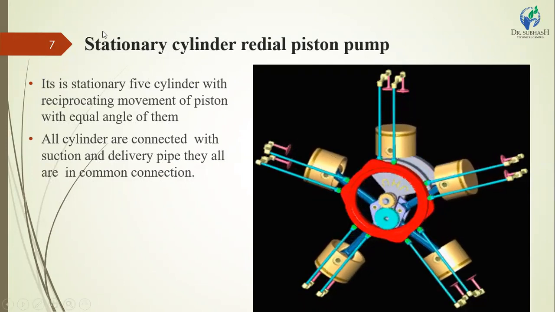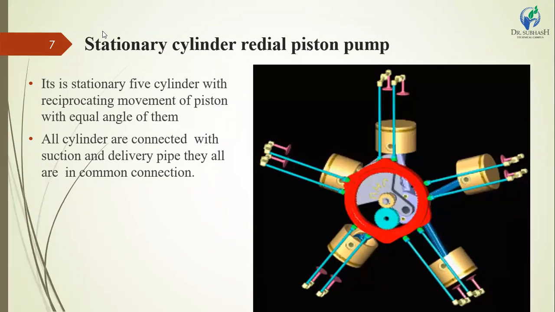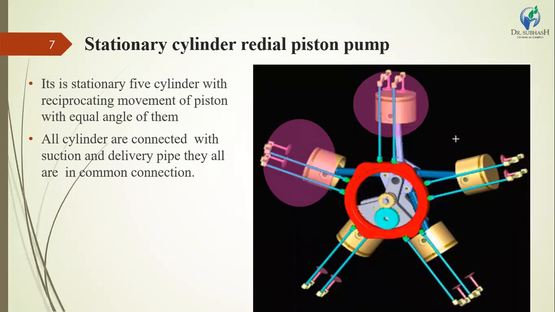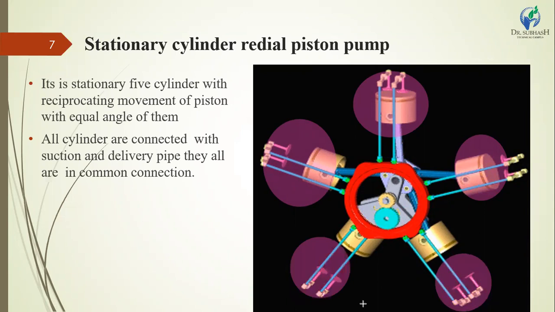We have to put some color. This is the first cylinder, cylinder 2, cylinder 3, cylinder 4 and cylinder 5. The 5 cylinders do not move from their place, meaning they are stationary.